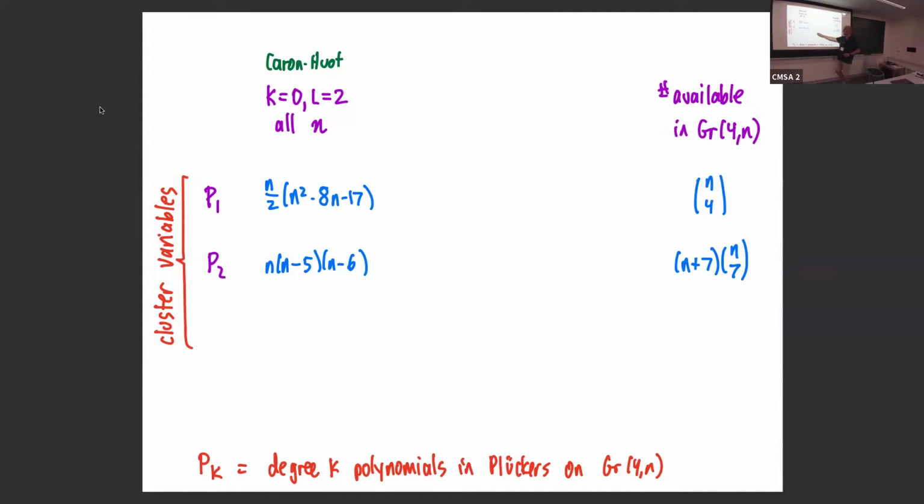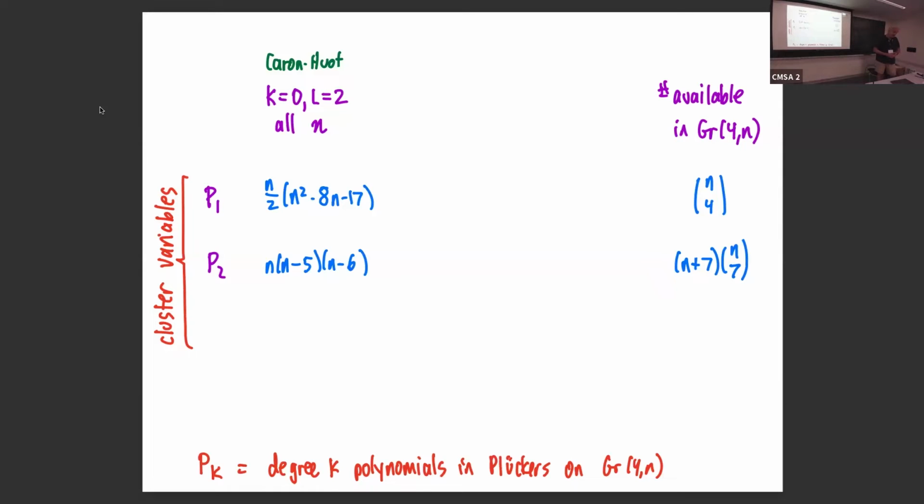And again, this is a proper subset because the Grassmannian cluster algebra Gr(4,n) is infinite when n is greater than 7. But for any finite degree in Plückers, there are only finitely many cluster variables. So for example, there are (n plus 7) times n choose 7 quadratic cluster variables, and he found in his calculations a proper subset thereof.